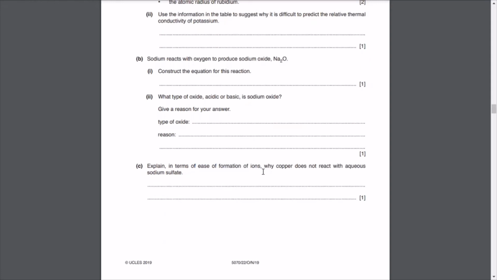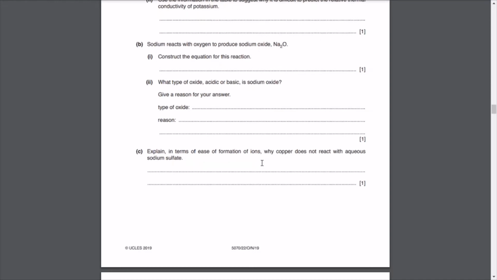It is simply because sodium ions are formed more easily than copper ions. That means sodium can easily be formed into ions as compared to copper ions. That is how it is. It's just 1 mark. We do not need to give a huge explanation. Just this much: copper does not form ions easily as compared to sodium.